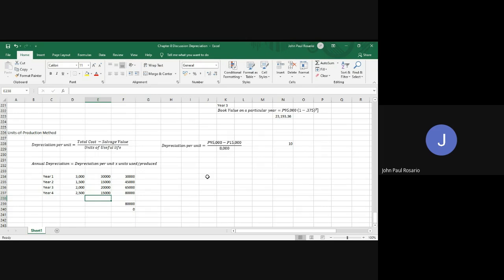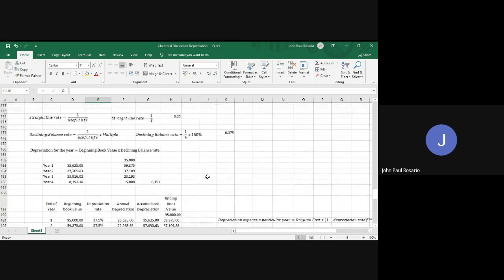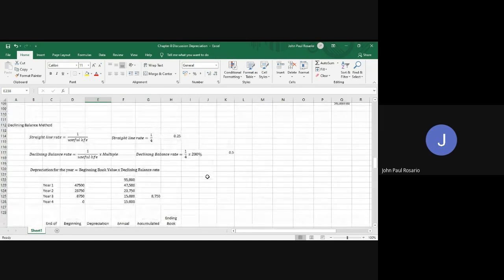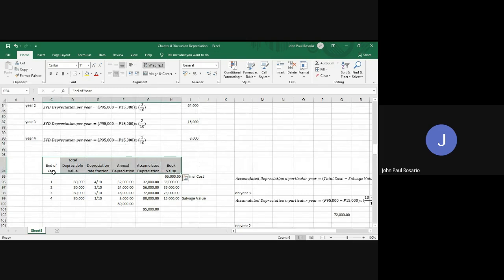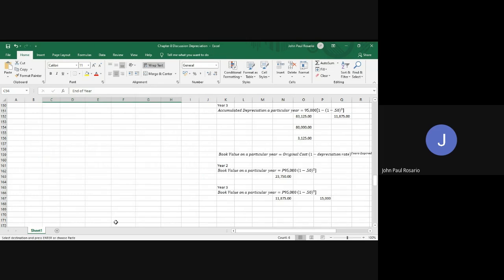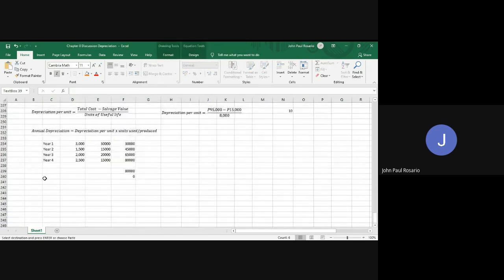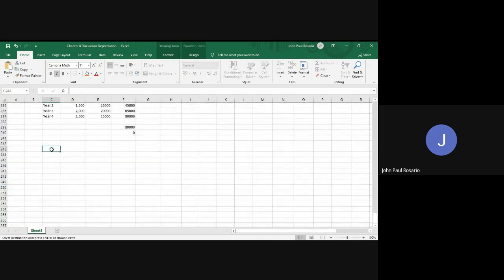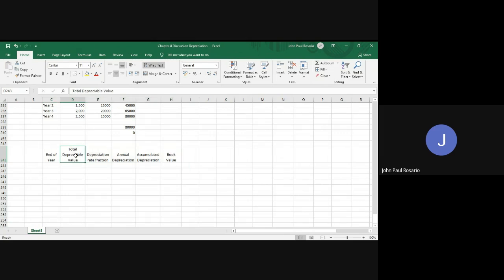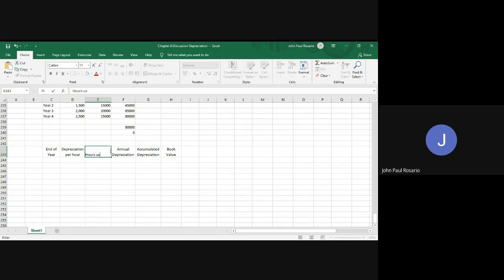Let's use this, like what we did for SYD. We have columns for our units of production: end of year, depreciation per hour, hours used, annual depreciation, accumulated depreciation, and book value. So we have years 1, 2, 3, and 4.